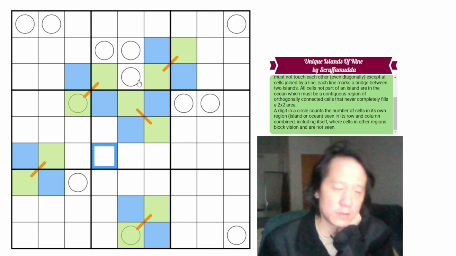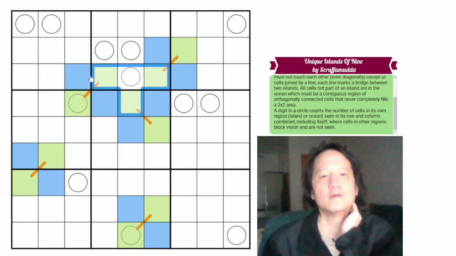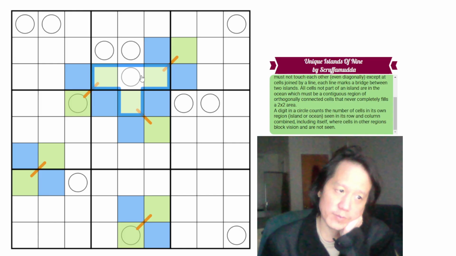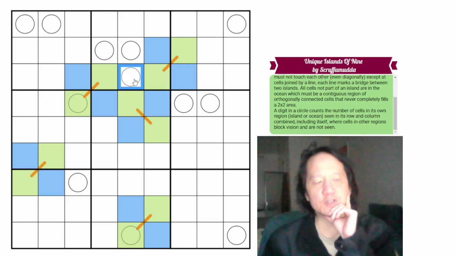Well, this could be an island here. Oh, that's interesting. Okay, what if this weren't an island?